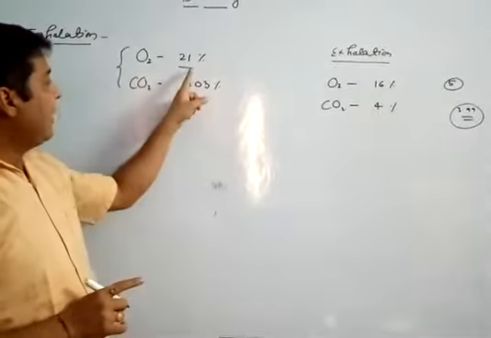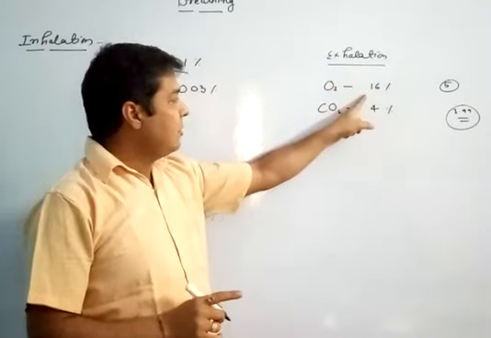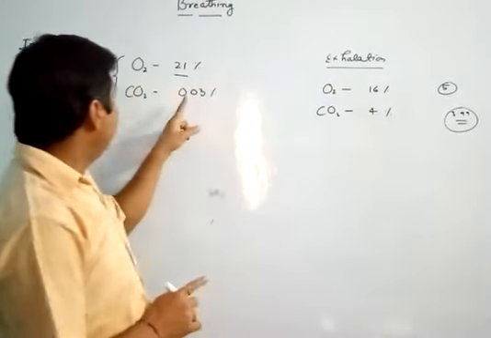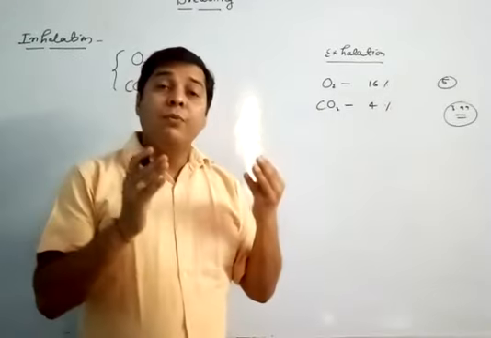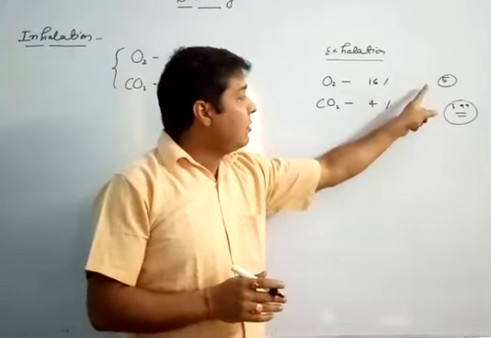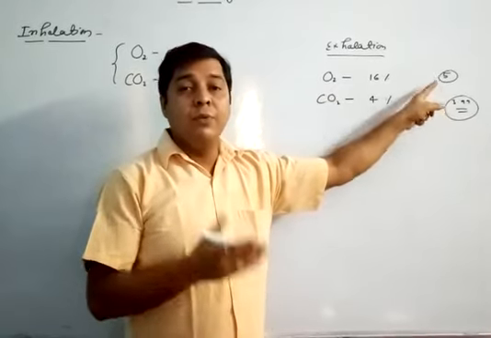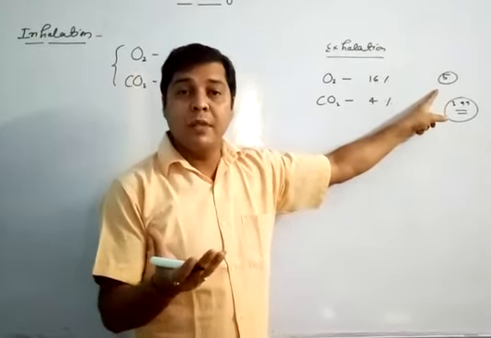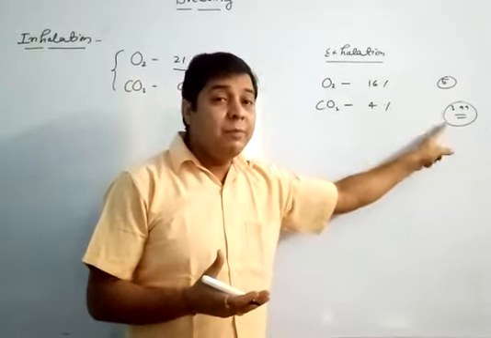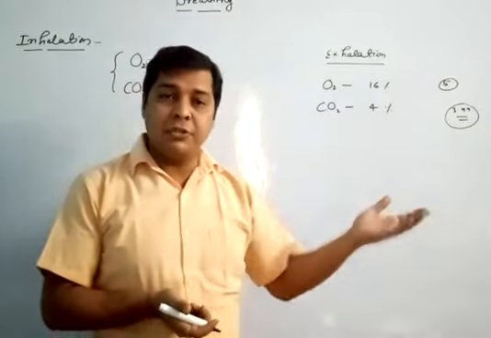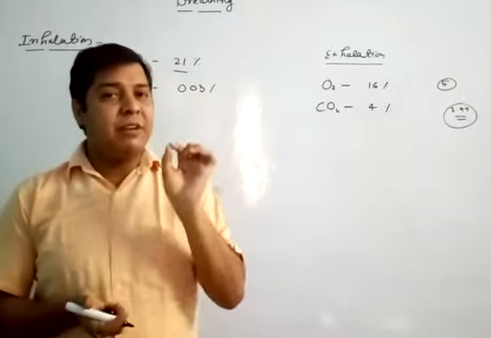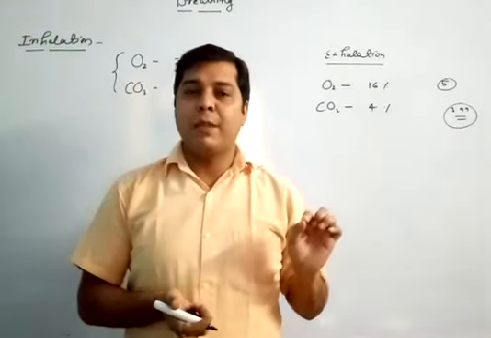If you subtract, 21 minus 16 is 5, and 4 minus 0.03 is almost 3.99. Where is this 5% oxygen used, and from where did the 3.99% carbon dioxide increase? This is the big question, and we will try to find the answer.